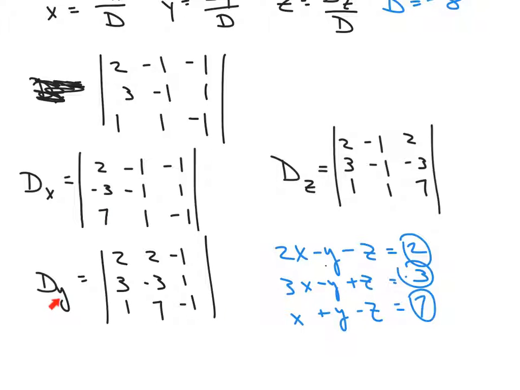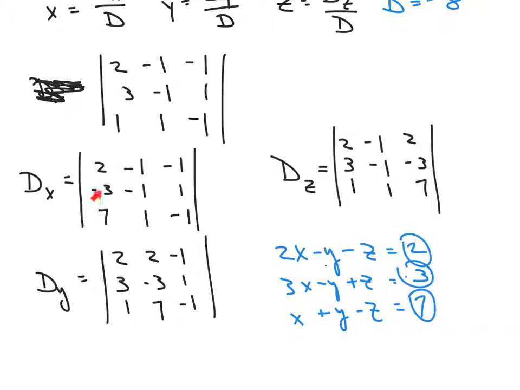For the y, I'm replacing my y numbers with this column. Okay, and I'm leaving my z's alone, and I'm leaving my x's alone. And the same with z. I'm just replacing the third column, the z column, with these three numbers, leaving my x alone and leaving my y alone. Okay, that's probably the hardest part, remembering what to put in each column.